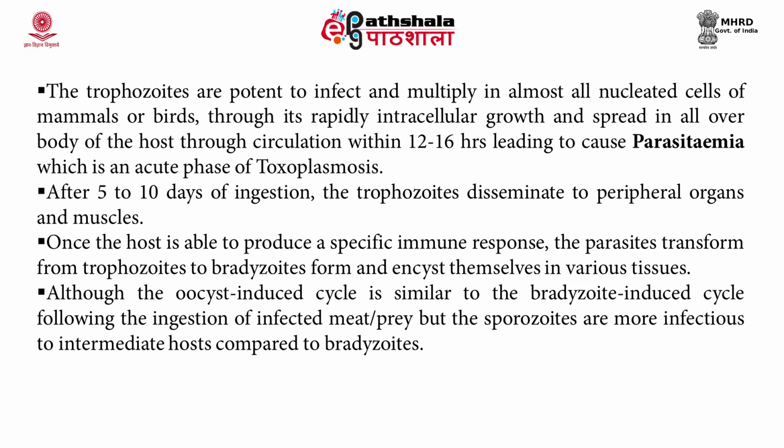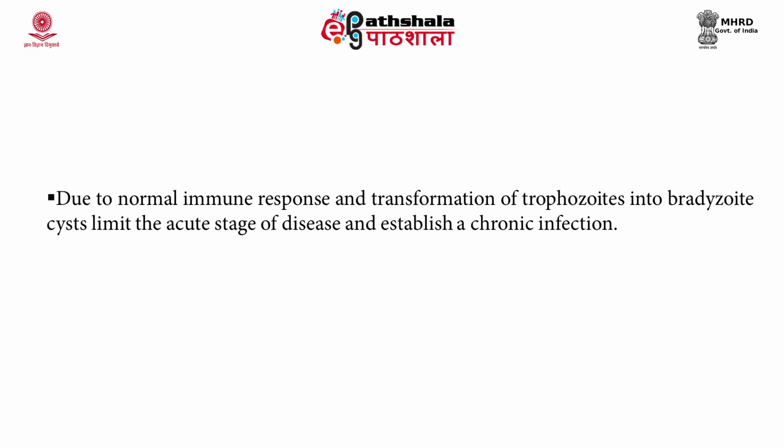Although the oocyst induced cycle is similar to the bradyzoite induced cycle following the ingestion of infected meat or prey, the sporozoites are more infectious to intermediate hosts compared to the bradyzoites. Due to the normal immune response and transformation of trophozoites into bradyzoite cysts, the acute stage of disease is limited and a chronic infection is established.